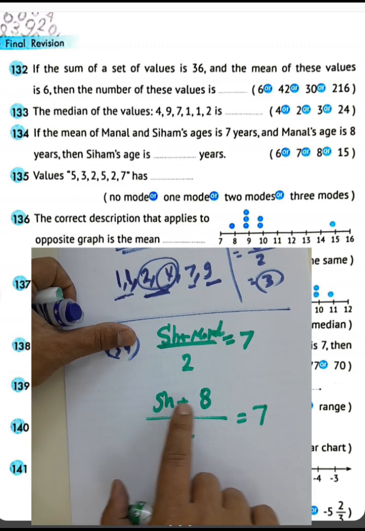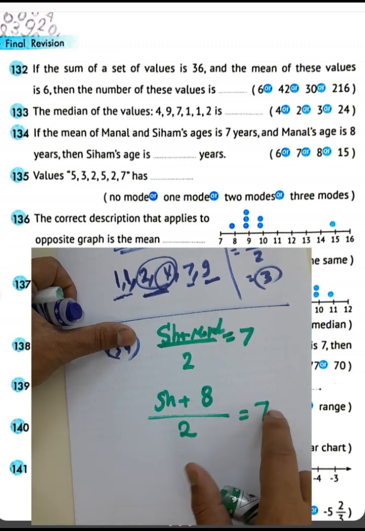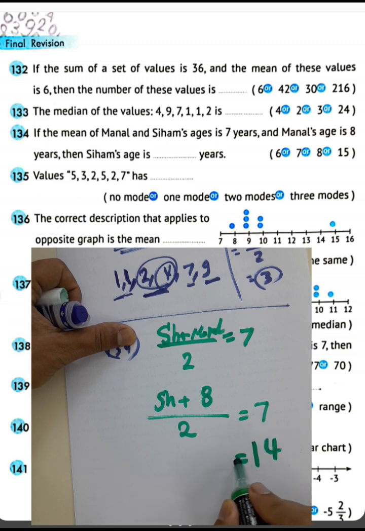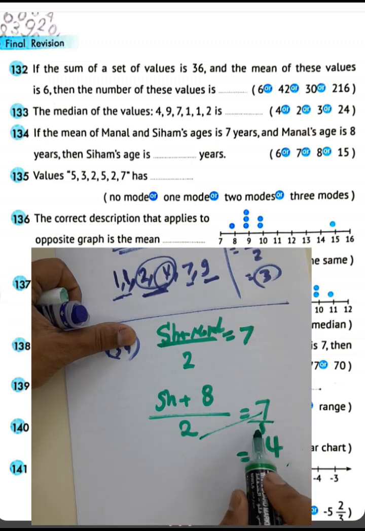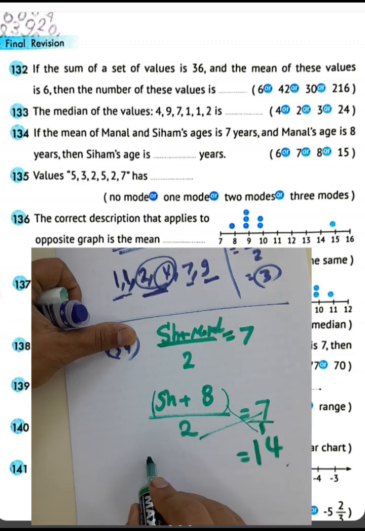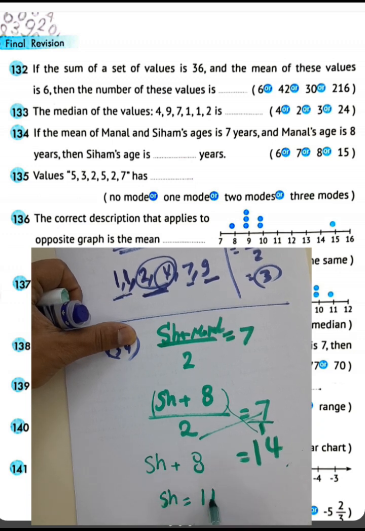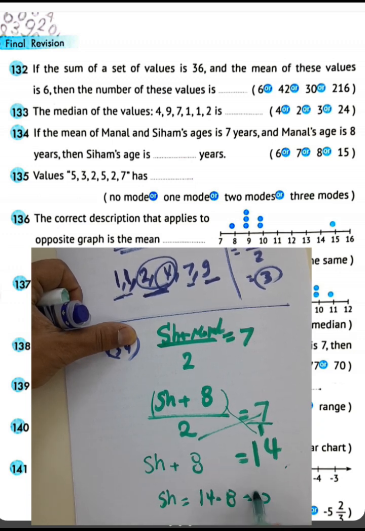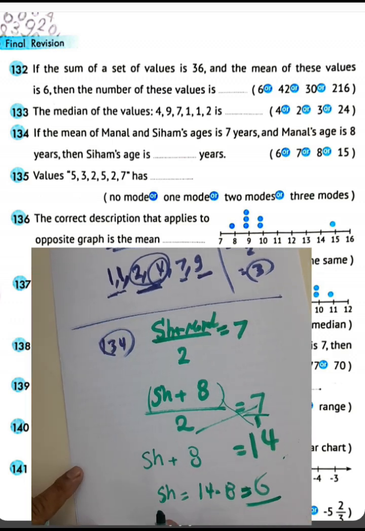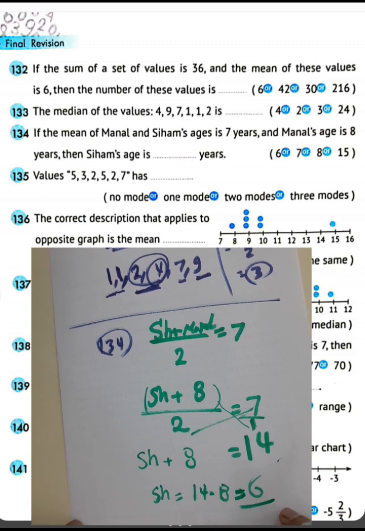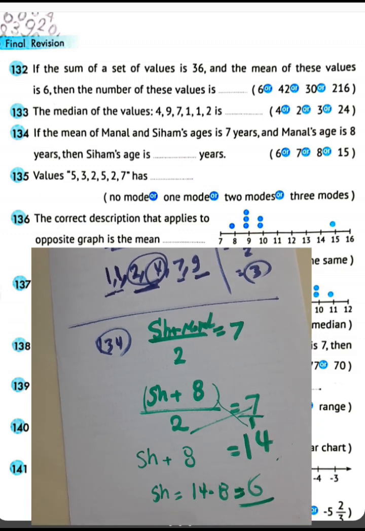What's the number plus 8 divided by 2 equals 7? 2 times 7 equals 14, using the product of extremes equals the product of means. The age of Shaima plus 8 equals 14. Then the age of Shaima will be 14 minus 8, it will be 6 years old. Okay, 6 years for Shaima.